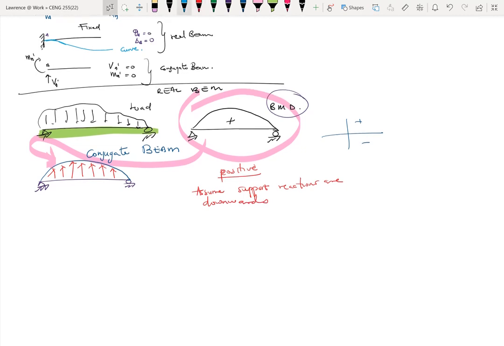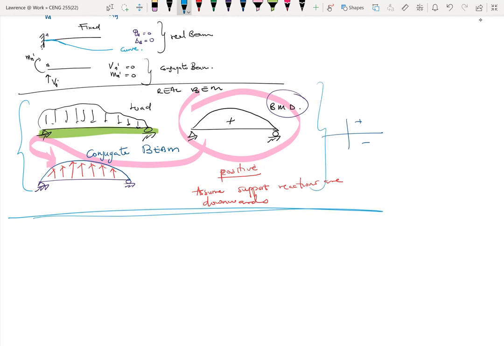Then if you have a case whereby, I'm done with this section. Let's say we have another, so this is case 1. Not case 2, case 1.